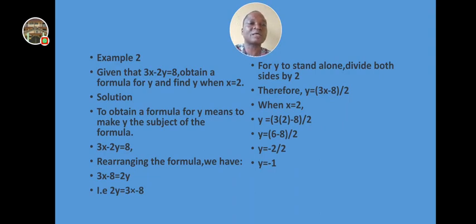So that bracket there means 3 times 2, which is 6 minus 8 all over 2. And 6 minus 8 gives you minus 2 over 2, and minus 2 divided by 2 is minus 1. So my y is equal to minus 1. That is our final answer.